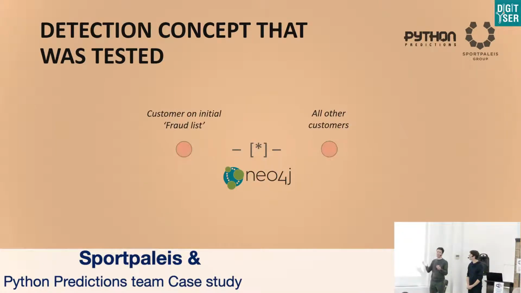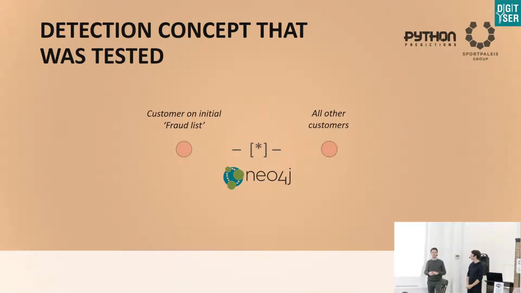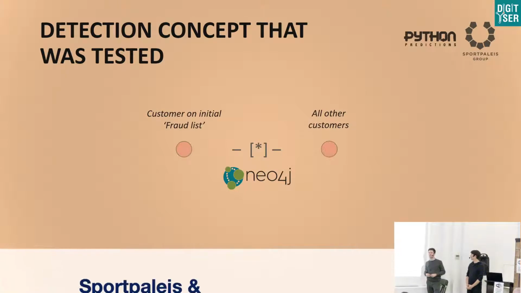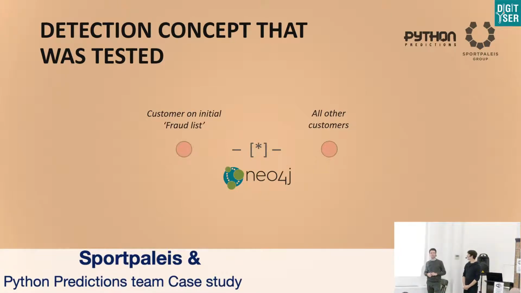Okay, and how can we detect possible frauds? What I also learned from the day here at Digitizer at the bootcamp was that you have the wild card at Neo4j. We have our first list, the initial fraud list, and the wild card is, let's say, find me any path between one customer and another customer.